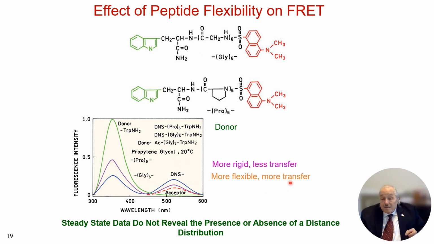The more flexible one gave more transfer and the donor was quenched more. These data don't reveal what the distance distribution is. We just have interpreted these because everyone knows that the proline is much more rigid than the glycine from your biochemistry classes.